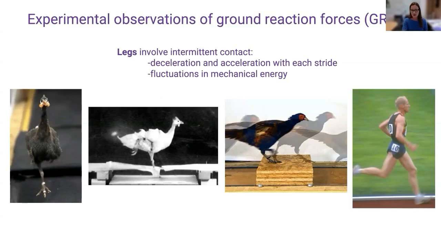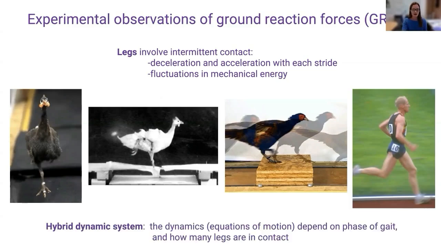And so you can think about this as a hybrid dynamic system. So when we think about legged locomotion, the equations of motion of the system are not constant throughout locomotion, because the actual dynamics and the equation of motion depend on the phase of gait and how many legs are in contact with the ground, right? So if we're just thinking about a simple biped or hopping locomotion, you have a stance phase where a limb is in contact with the ground and generating force.